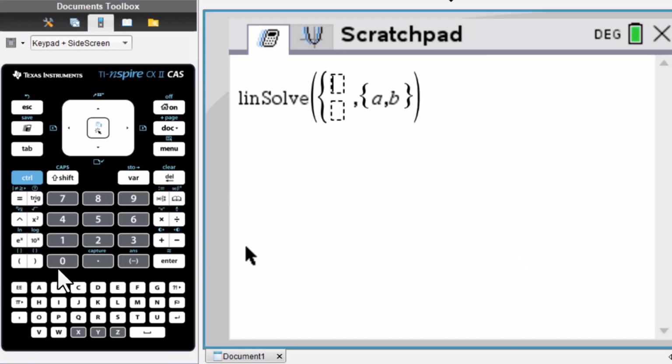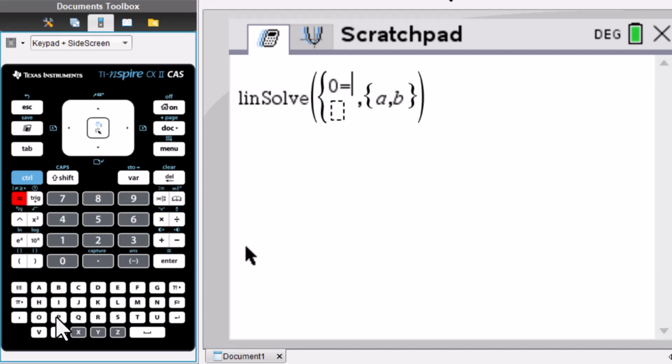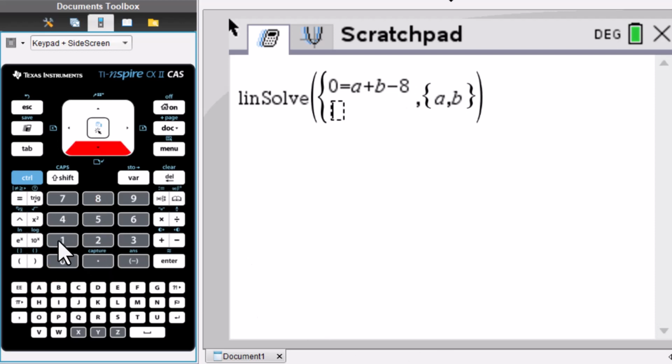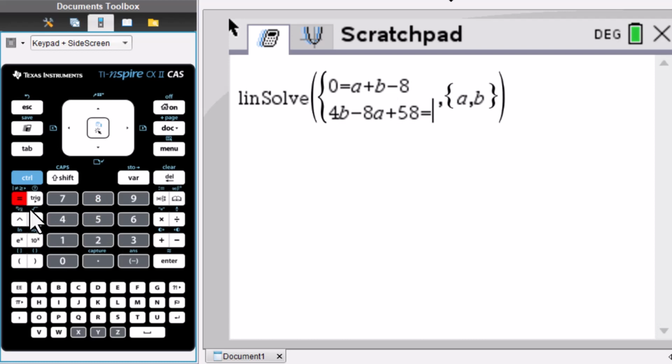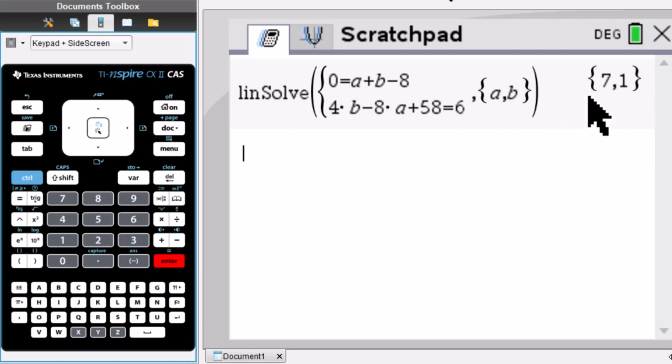Enter. 0 equals a plus b minus 8. Second equation, 4b minus 8a plus 58 equals 6. Enter. A equals 7, b equals 1.